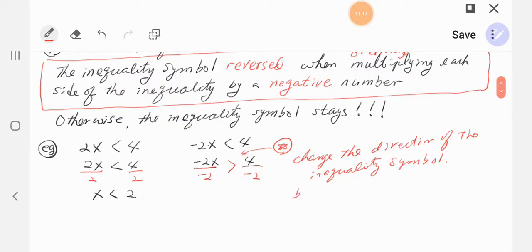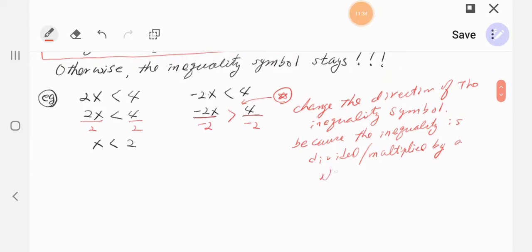Because the inequality is divided by or multiplied by a negative number. This is a really important concept.